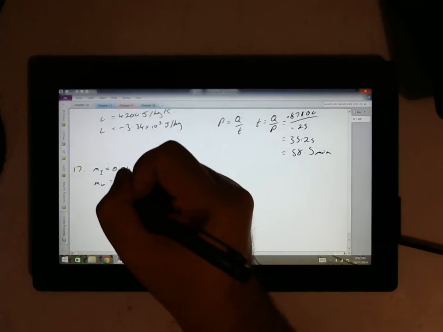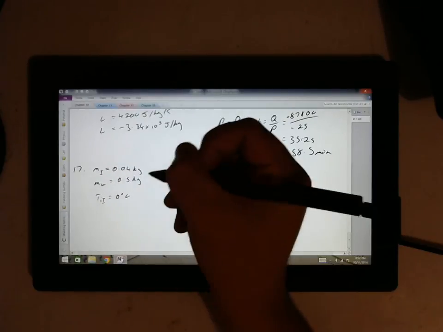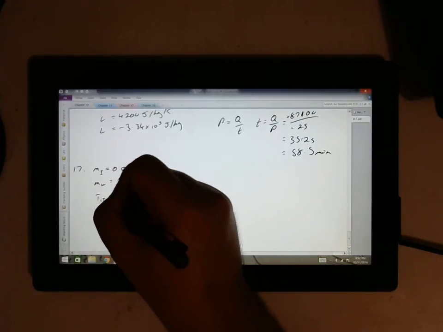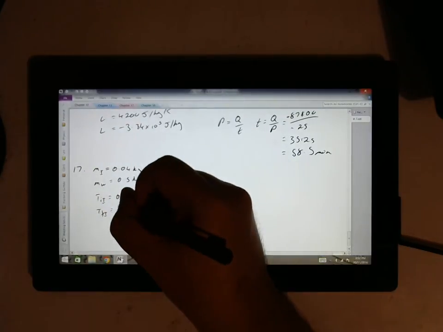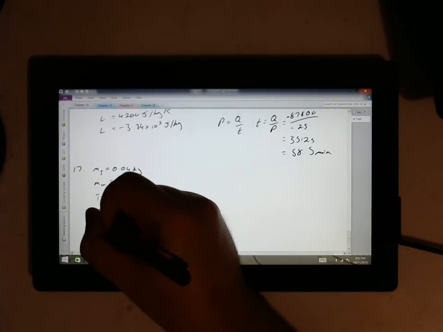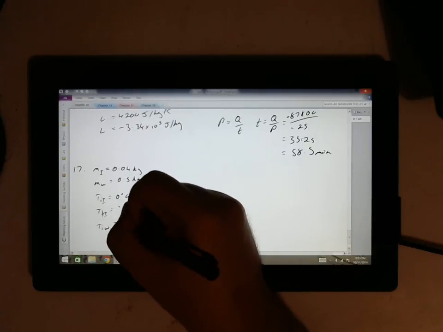We don't know the initial temperature of the ice, so we're going to have to assume here the temperature initial of ice is 0 degrees Celsius. And the temperature final of the ice is unknown, but it does equal the temperature final of the water. The temperature initial of the water equals 40 degrees Celsius.